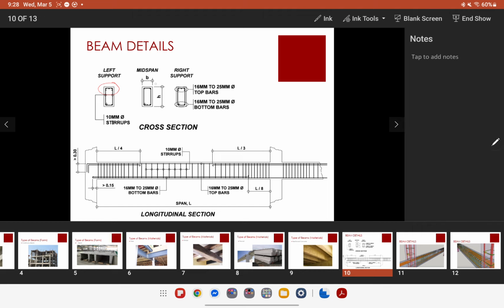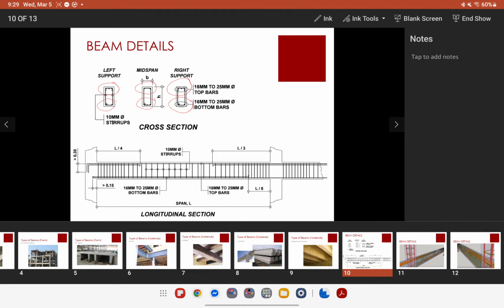And then when you reach the mid-span, you only have 2 bars left. When you reach the right support, it goes back to having 5 bars. While your bottom bars will have 2 on the left support, and then it goes back to having 3 in the mid-span, and then 2 again at the right support.